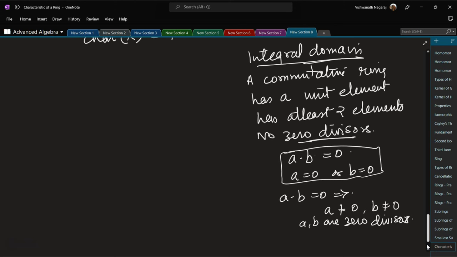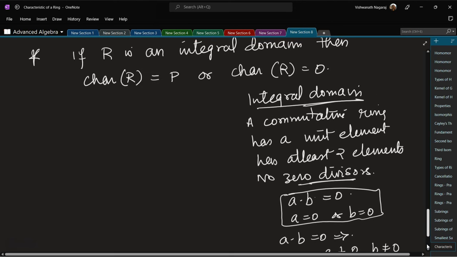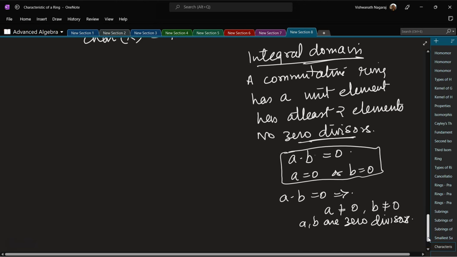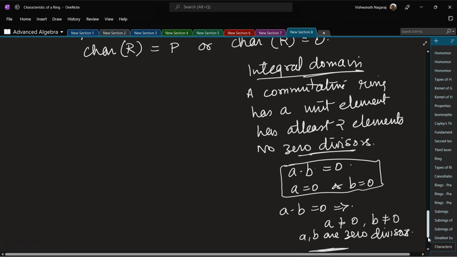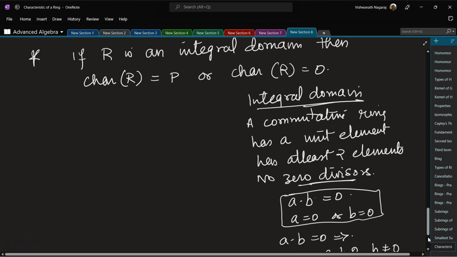Okay, so now how do we prove this? What we'll do is use this concept of zero divisors, and we will say if the characteristic of R is equal to n, then R is not an integral domain.